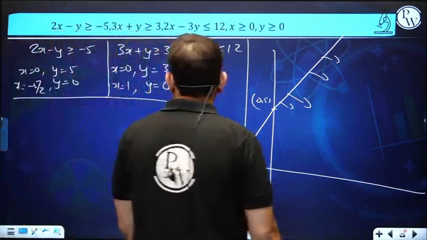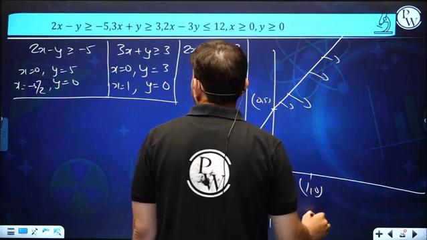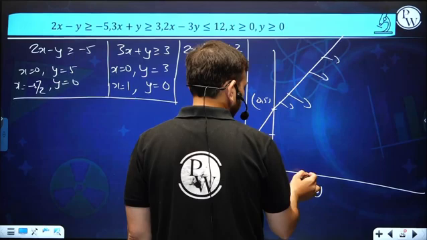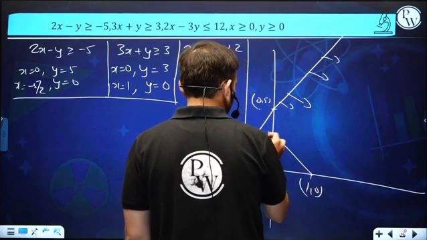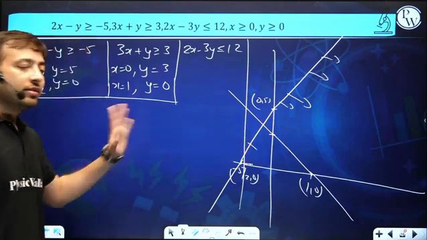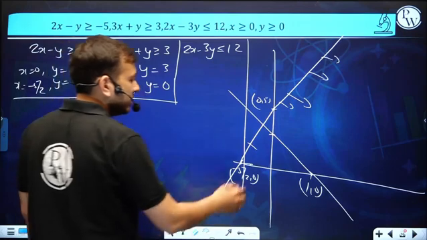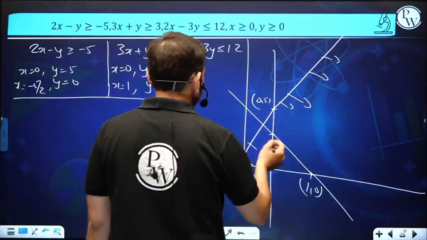So 1, 0 and here 0, 3. Obviously they are intersecting in the second quadrant only, so no need to find that point. This point is what we have taken, 0, 3.